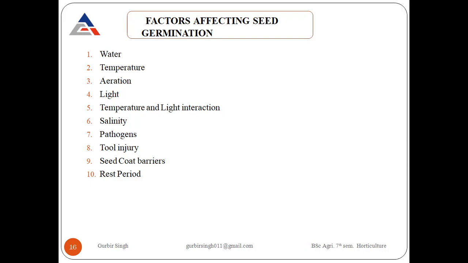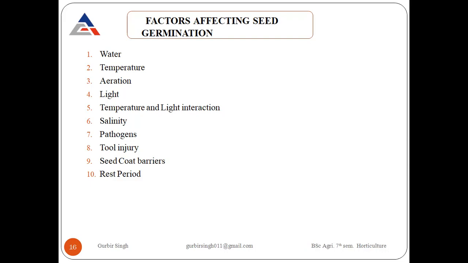Next is aeration. Germinating seeds respire at a very high rate. Thus, adequate supply and exchange of gases between the germination medium and the embryo is necessary for rapid and uniform germination.